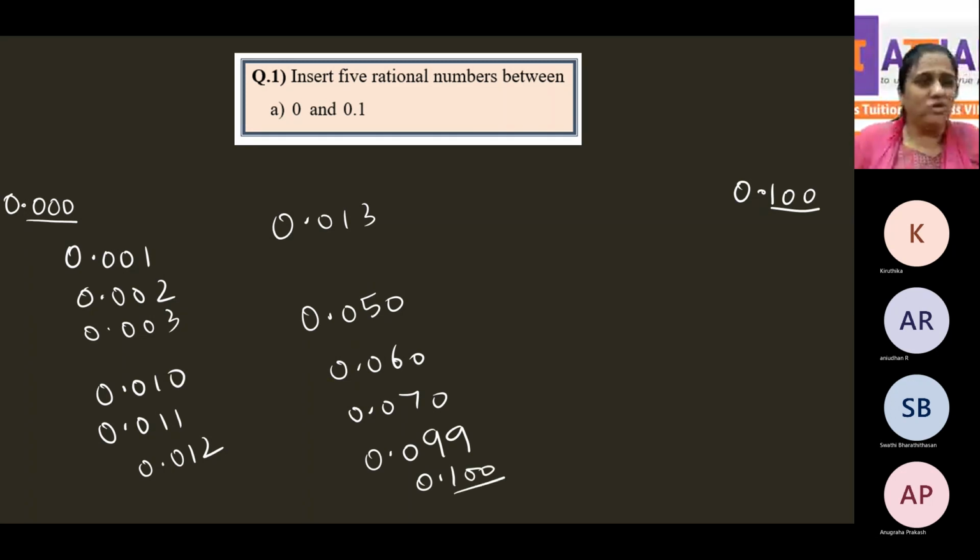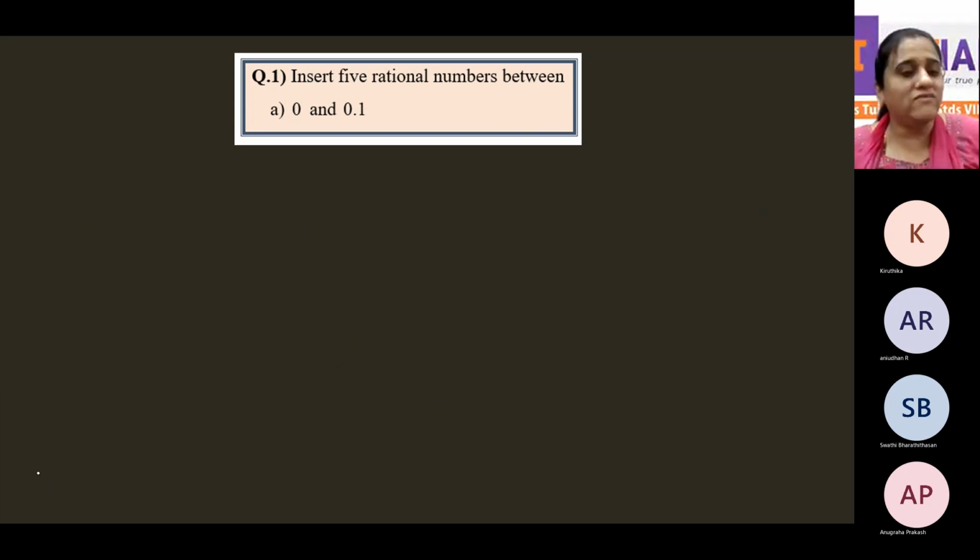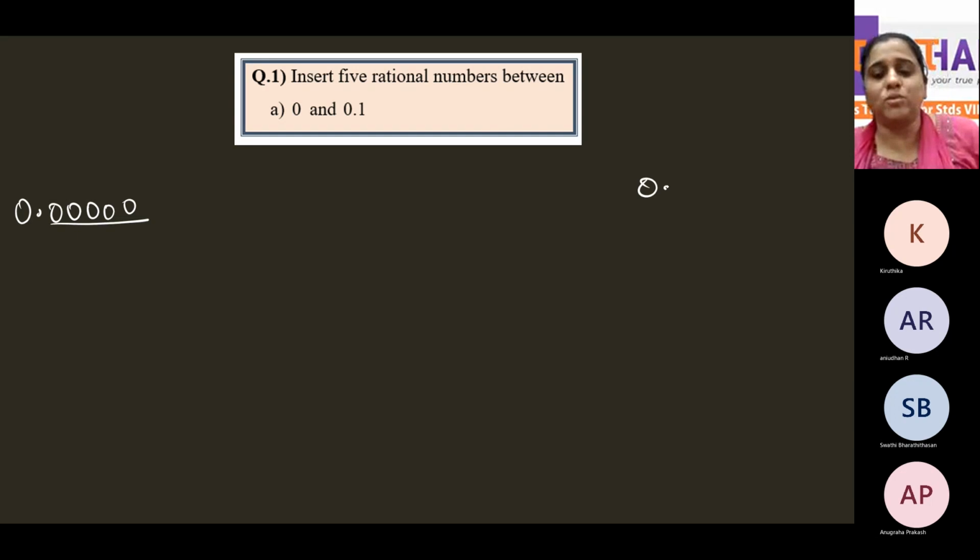So you keep widening the space. When you keep widening the space, you can insert so many numbers. Now we'll still widen the space. If you put 0.12 like this, so it'll be 0.1 with how many zeros? 5 digits.